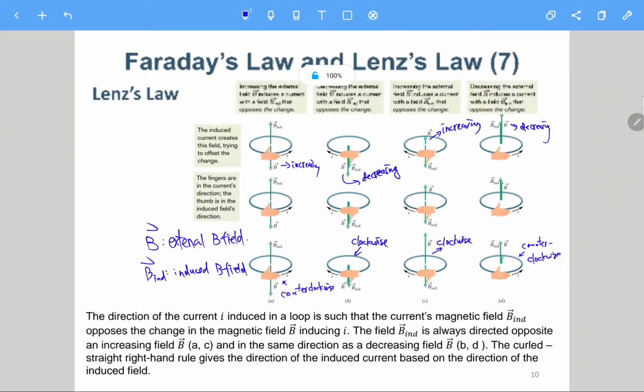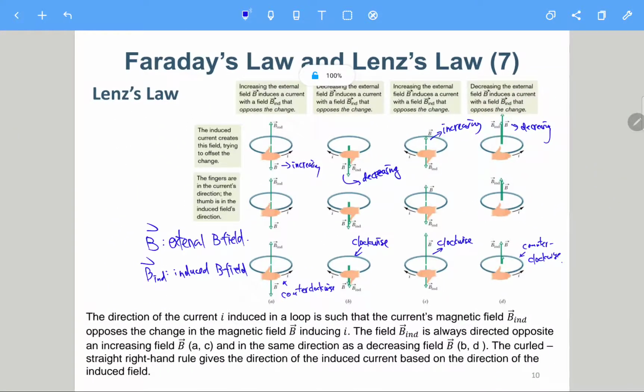So this is about Lenz's law, how you determine the induced current. Rather than just looking at the external B field, you need to check how the B field is changing.